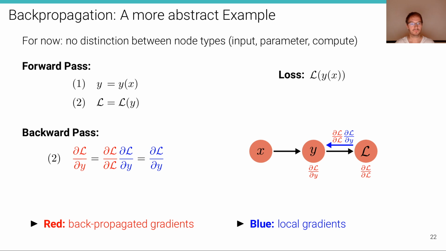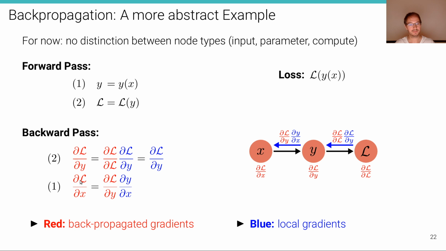And in this more general form, I have the backward pass as the gradient of L with respect to y, which is the gradient at node L times the local gradient. And because this is always 1, I have just the local gradient here.